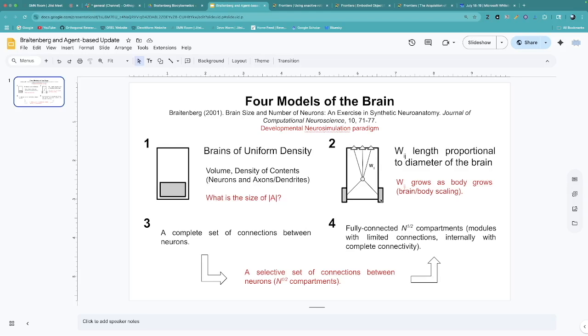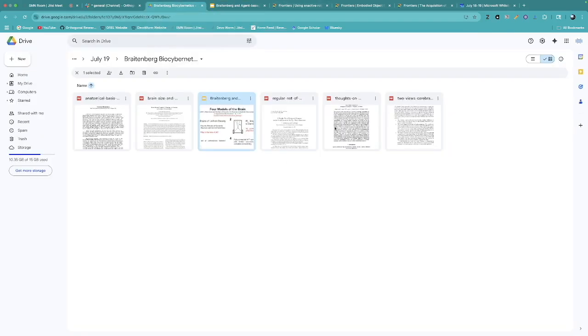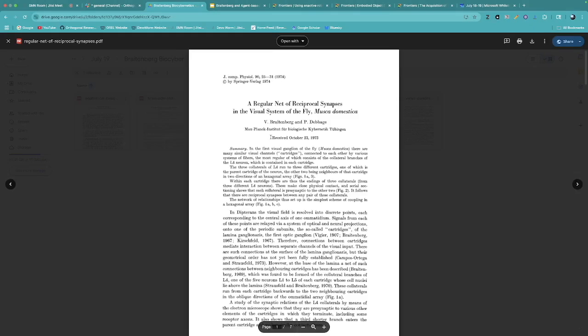And so we can have these compartments play the role of interneurons or other modules in an agent brain. Whether those are functional or not, we haven't really gotten to the point where we would test those kinds of hypotheses. In any case, let's go on to the next paper here.